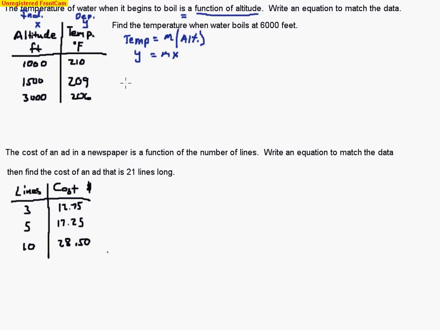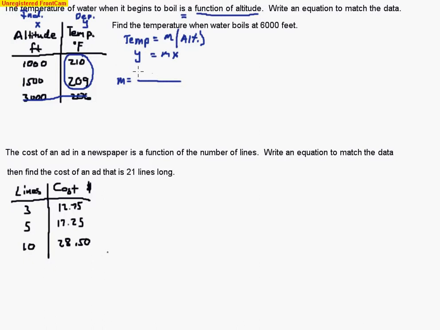Once we know what is x and what is y, we can find the slope of the line. Remember, the slope is when we take our y values. Now, we have more y values than we need. We only need 2, so let's cross off one of these points and look at these two values here. This is an ordered pair, 1,000, 210.